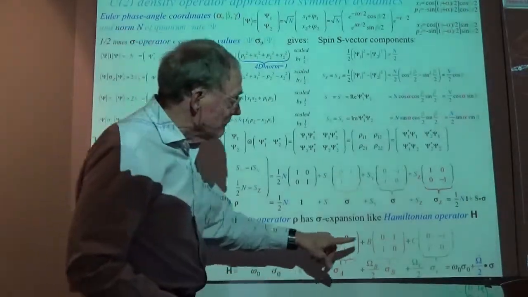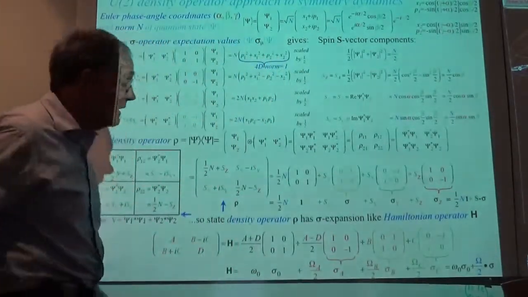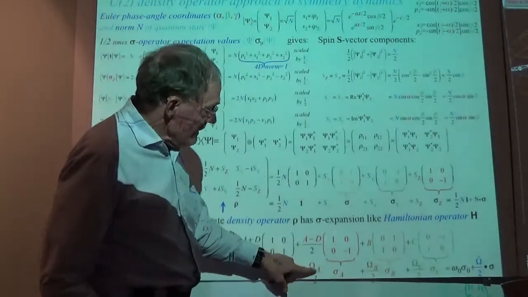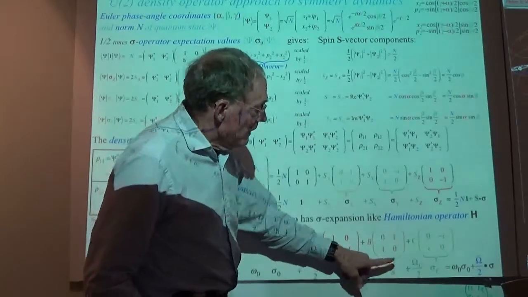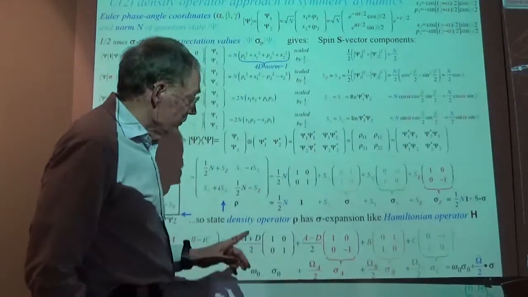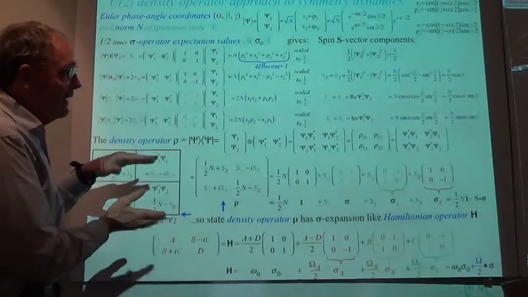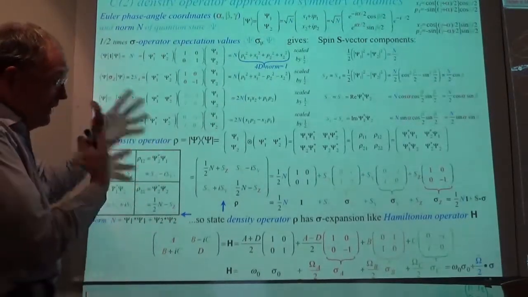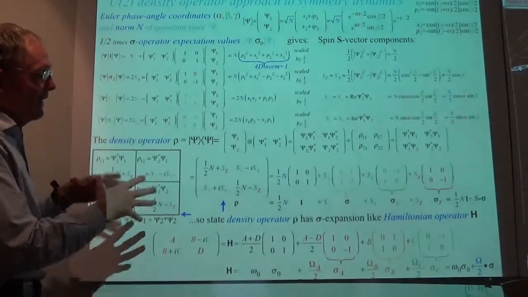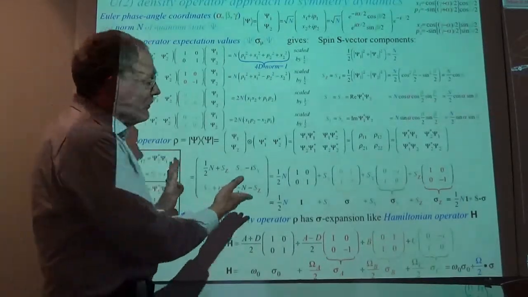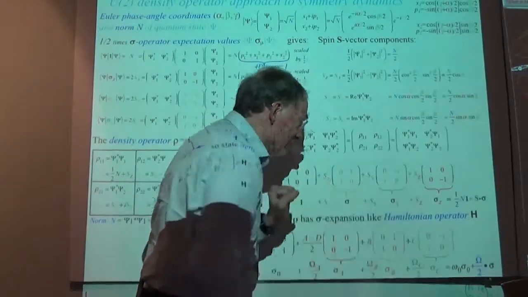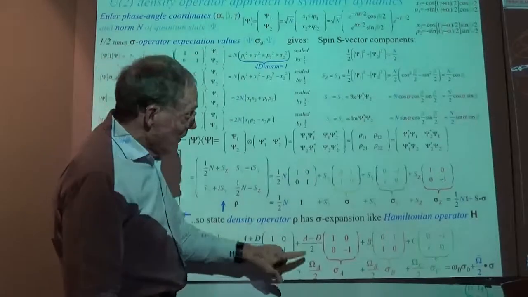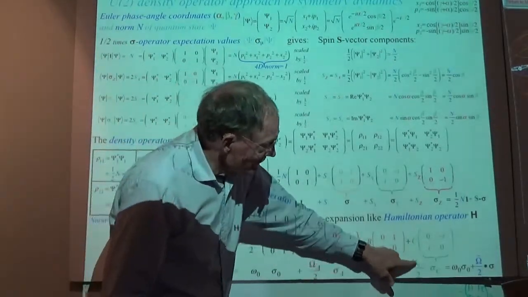And all of these are now being treated as constants, the a, b, c, and d, or the omega a, omega b, omega c.